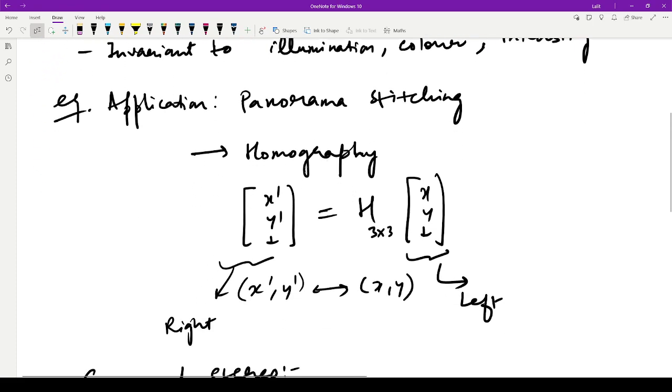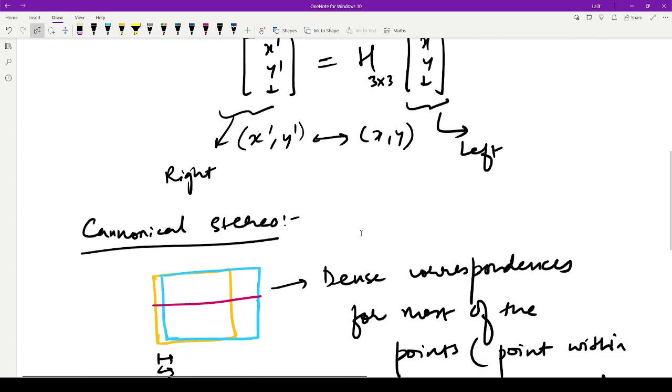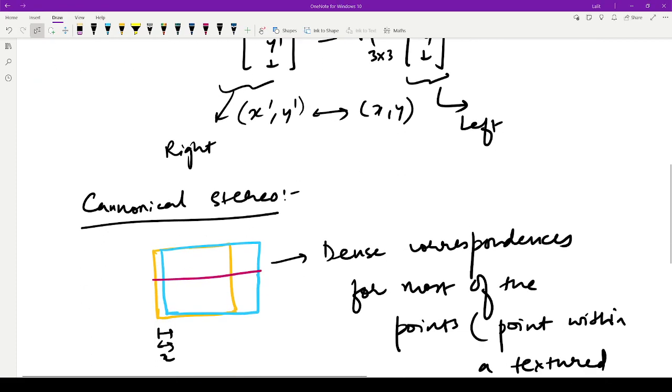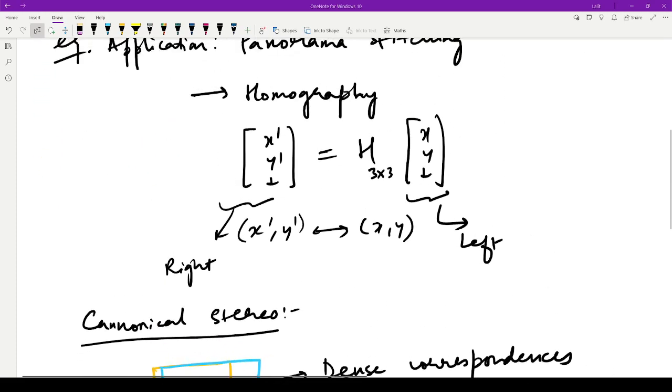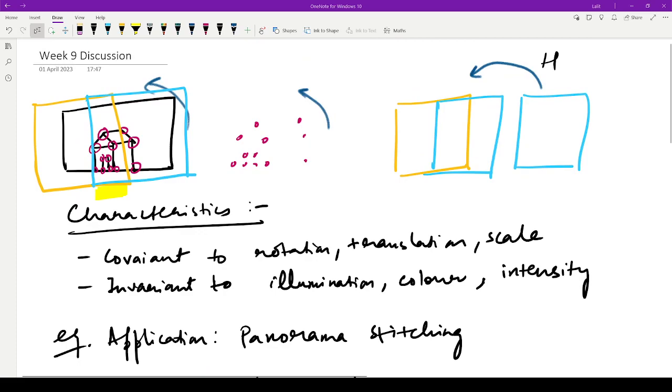And yes, one of the applications is homography that we saw here. That was the motivating example in the class as well. So the next is how to find correspondences. Just detecting these points won't help, right? These are all interest points.